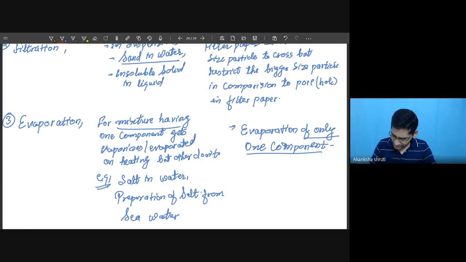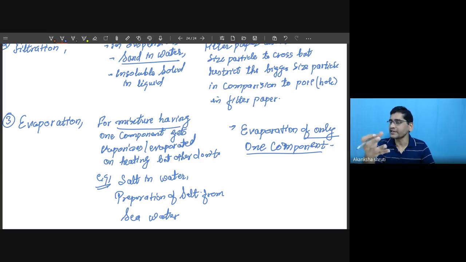In addition, this evaporation is also useful for separation of ink, say drying your ink. If you are heating the ink or dye, what happens?